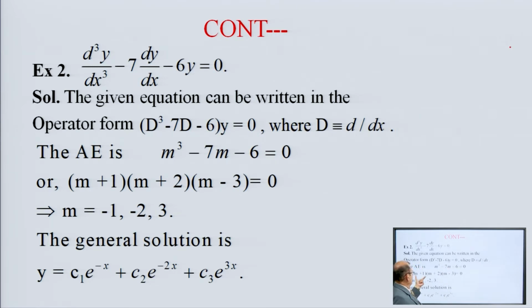The factors of m cube minus 7m minus 6 is equal to 0 are m plus 1 into m plus 2 into m minus 3 is equal to 0, so m is equal to minus 1, minus 2 and 3, meaning m1 is equal to minus 1, m2 is equal to minus 2, m3 is equal to 3.